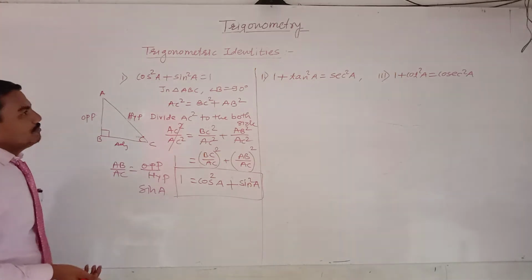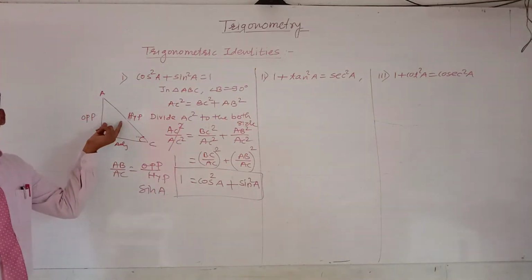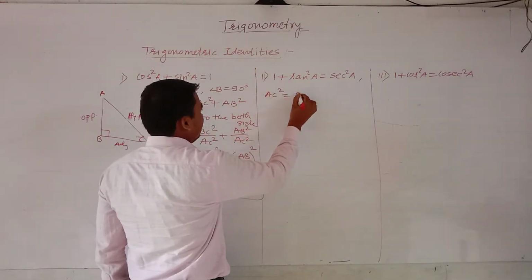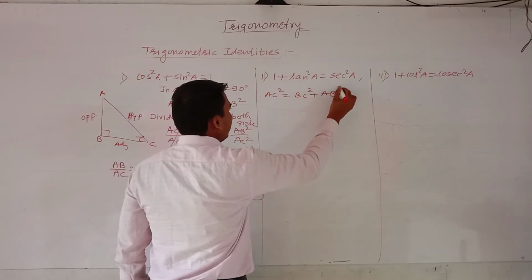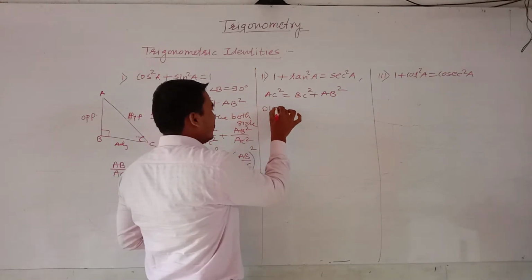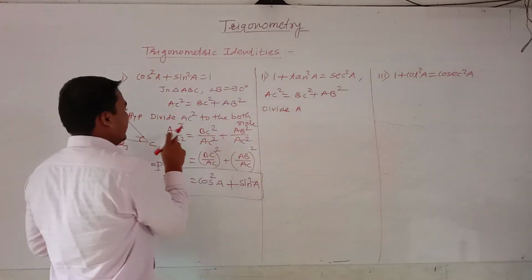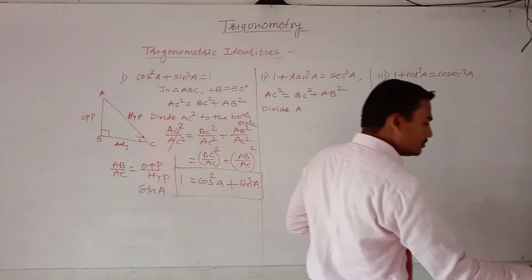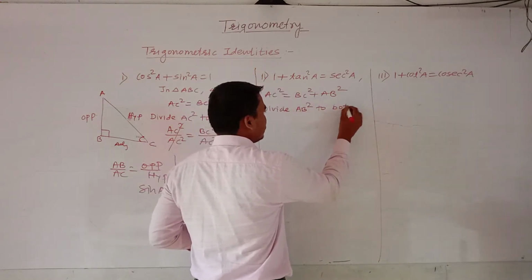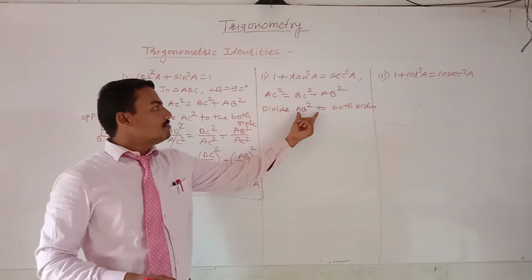Okay. Now for the second, same ratios, same procedure, same triangle we are going to use. By Pythagoras theorem, AC square is equal to BC square plus AB square. Now I want to divide both sides of this equation by AB square.